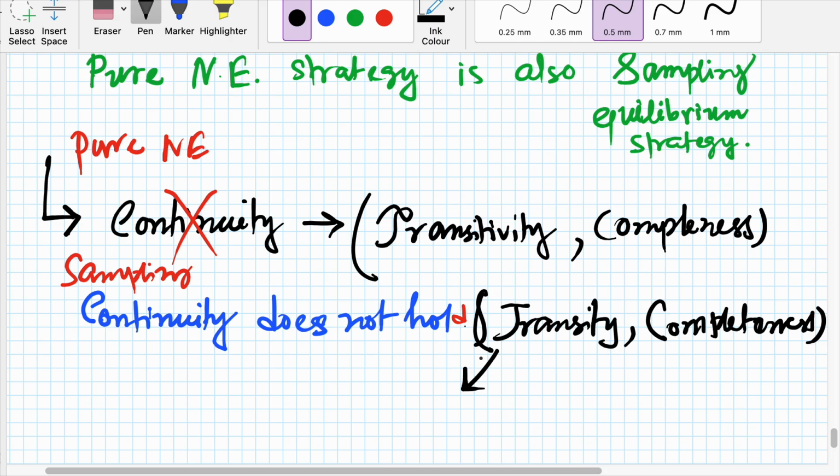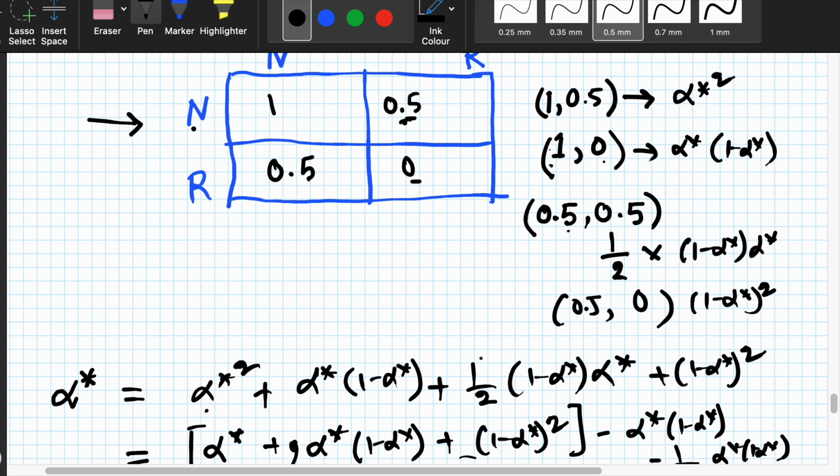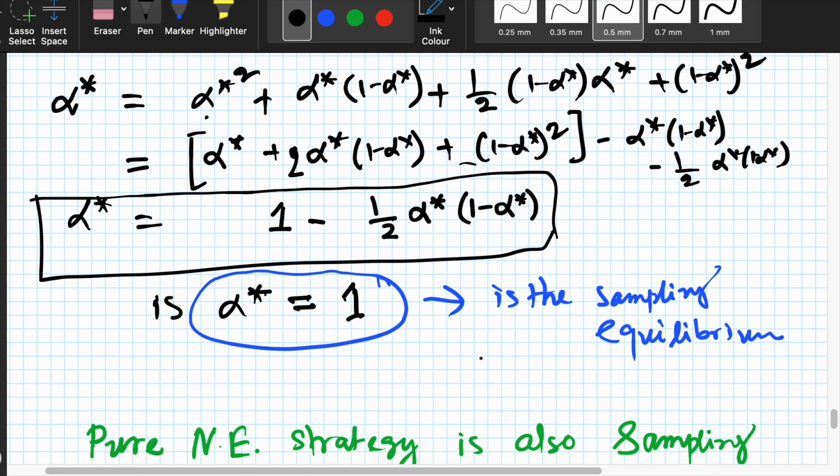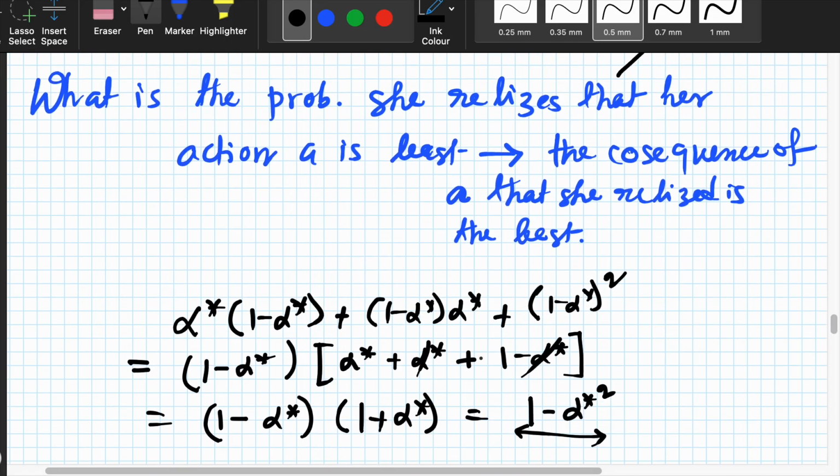Only in the sampling equilibrium we don't use the continuity axiom, whereas for the mixed Nash equilibrium we use the continuity axiom. So that's why the mixed Nash equilibrium is generally different from the sampling equilibrium that we found in the first example.